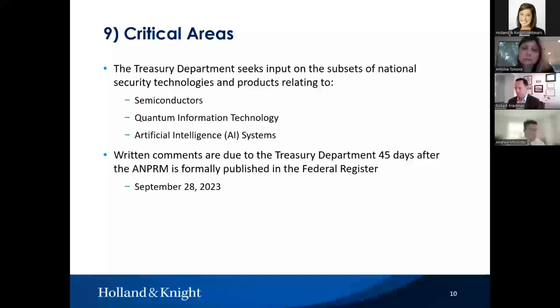Looking at the Federal Register notice that requested the comments, there are 83 unique prompts for information that Treasury is asking about. So quite a bit of opportunity for comment. Conveniently, Treasury has segmented it into different areas, whether it's the definition of a U.S. person, the knowledge requirement, or the three sectors mentioned here: semiconductors, quantum information technology, or artificial intelligence systems.